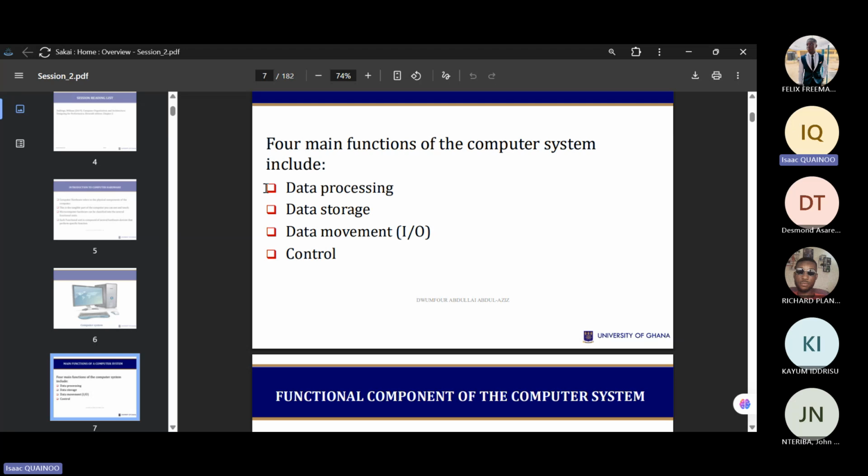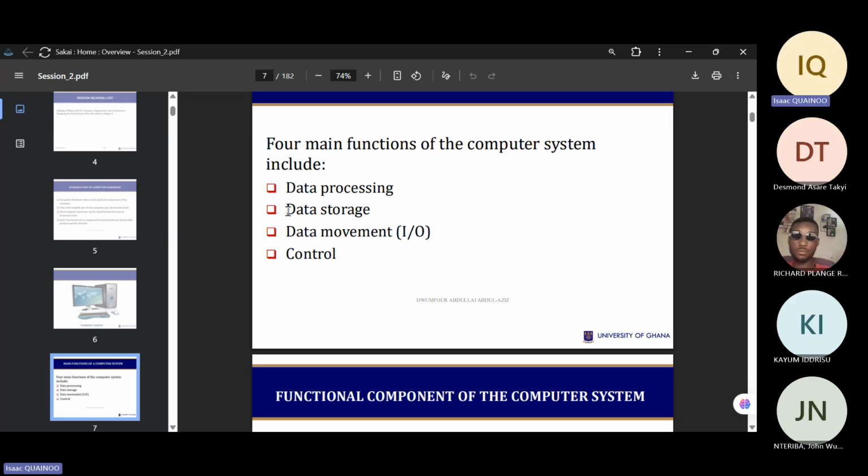But we are not necessarily saying that every computing system should be able to store all forms of data. It can be numbers, it can be audios, whatsoever. So far as it can store any form of data, we can classify it as functioning as a storage unit.